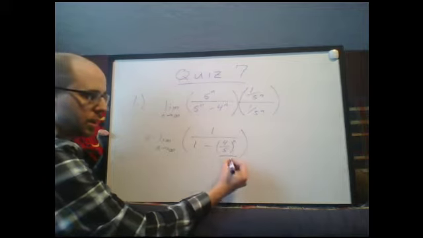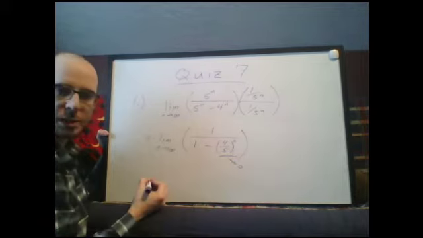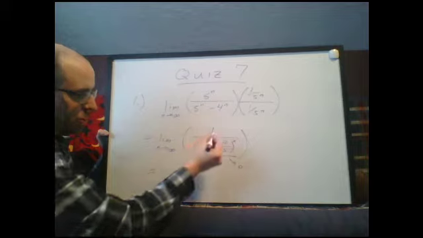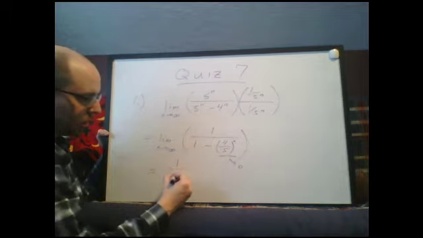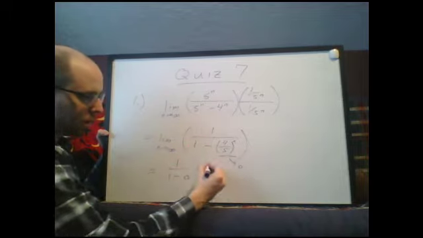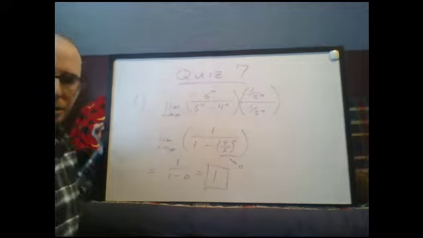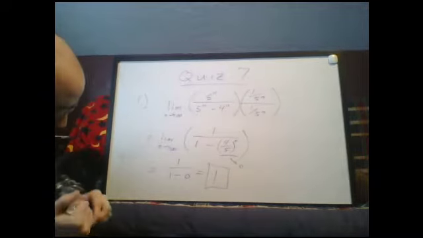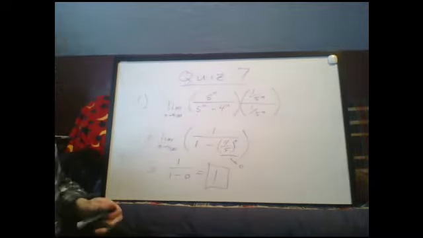So that little piece approaches 0, so my answer will be 1 divided by 1 minus 0, which is 1. So the limit of the sequence is 1.